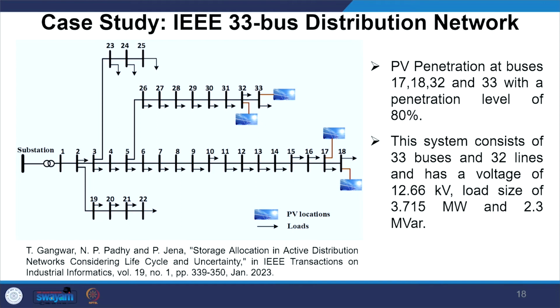First of all, in this system, we have created scenarios where PV penetration at buses 17, 18, 32, 33 is at a level close to 80%. The system consists of 33 buses and 32 lines, has a voltage of 12.66 kV, and the load size is close to 3.715 megawatt and 2.3 MVAR.